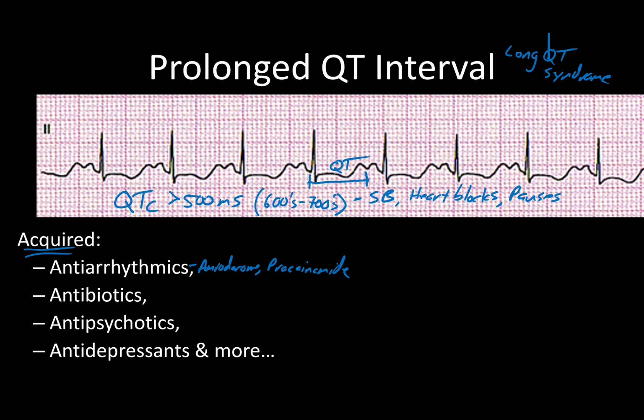Your antibiotics, which thanks to sepsis protocols we give plenty of, and that's Levaquin and erythromycin. And another one is azithromycin. Antipsychotics, haloperidol or Haldol, often give that for patients that may be delirious or things along that nature.